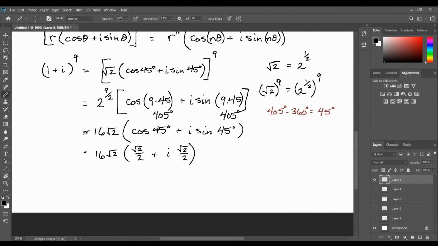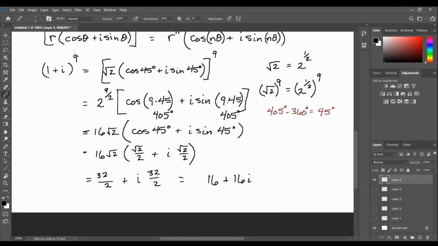Root 2 times root 2 is 2. 2 times 16 is 32. Well, that looks like 16 plus 16i. That would be 1 plus i to the 9th power.